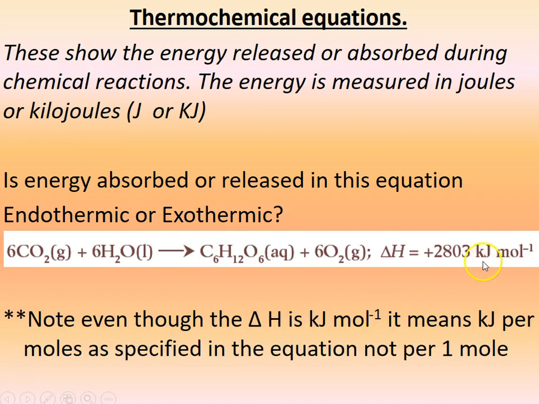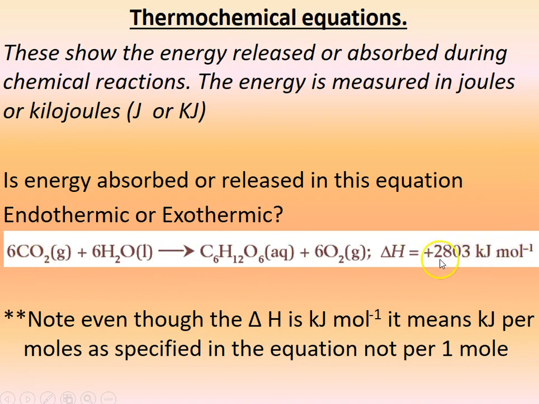So when you look at these, the units on here, which you need to include, you don't have to write the plus, but if it's minus, you'd have to write the minus. And it's kilojoules per mole. So even though it says kilojoules per 1 mole, it doesn't actually mean per 1 mole.